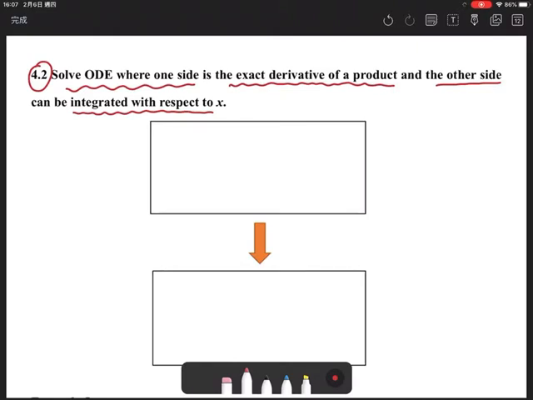So in section 4.1, we learned the separating variables method. Separating variables is for questions like dy by dx equals f of x times g of y.